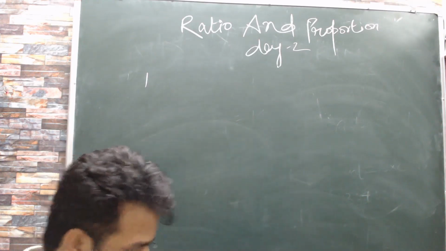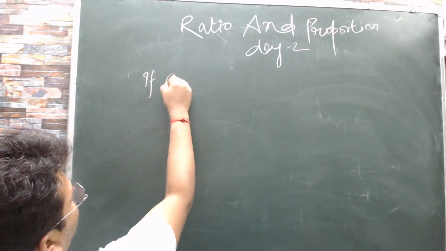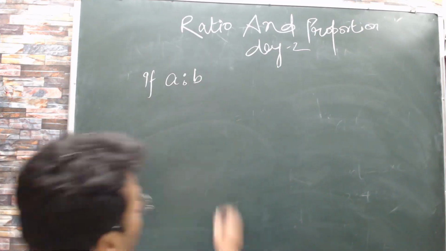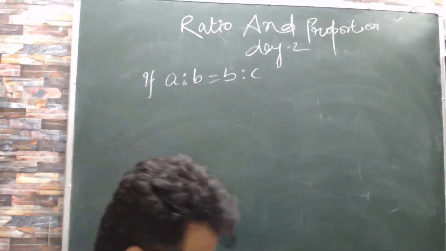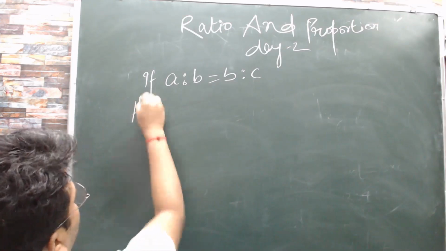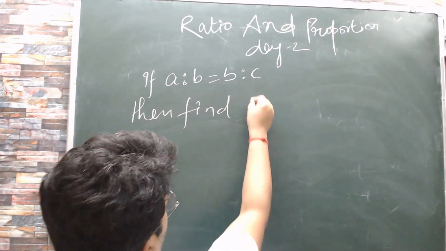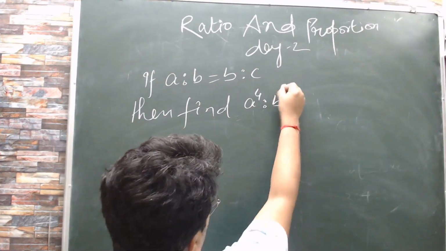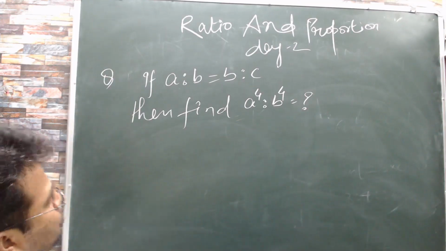So write a question like: if A ratio B is equal to B ratio C, then find A to the power 4 ratio B to the power 4 is equal to what? This is the question.